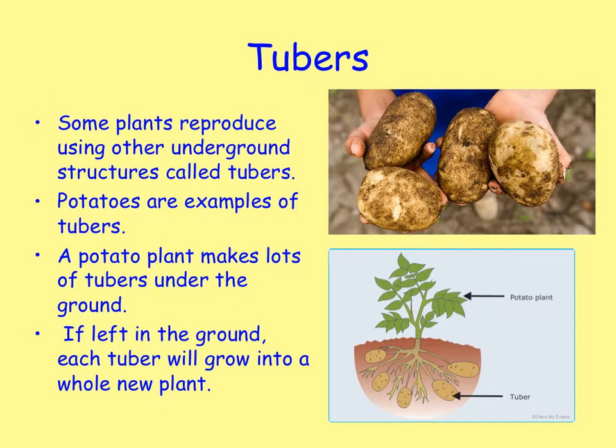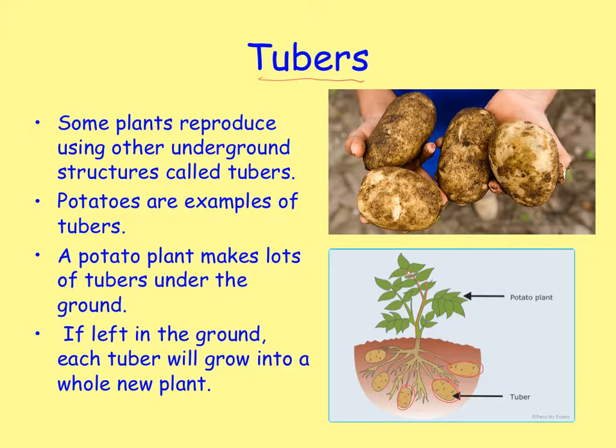Other plants reproduce using other underground structures. So not bulbs here, we're talking about something here called tubers. And potatoes are examples of tubers. And what happens is you have your potato plant growing and the tubers swell out from the roots underground.